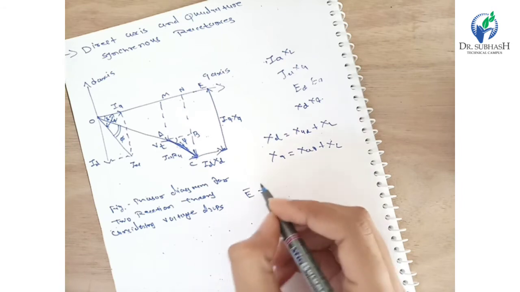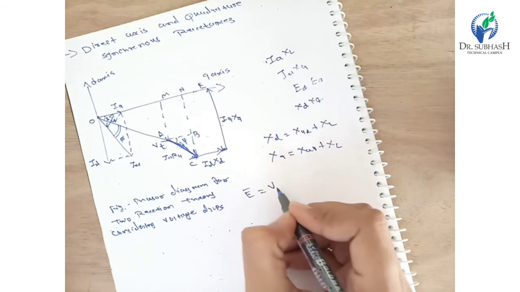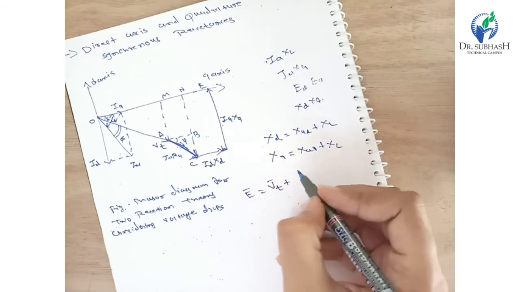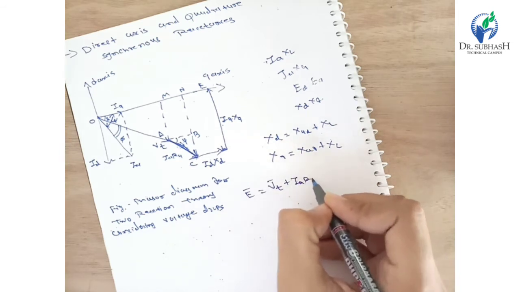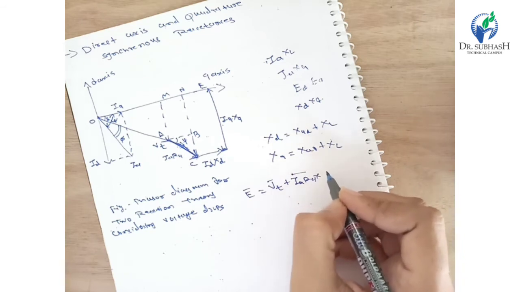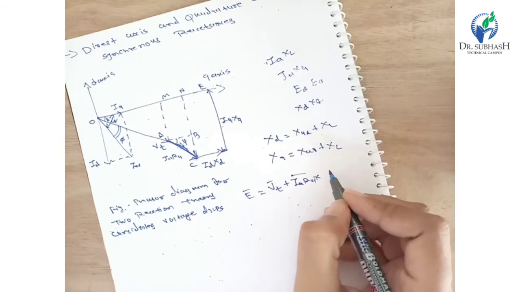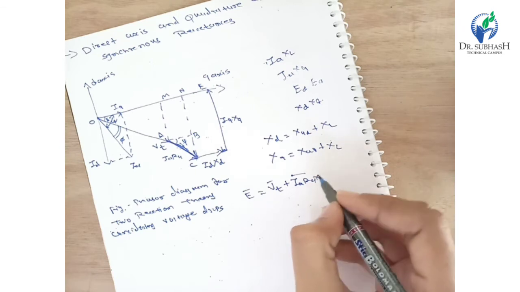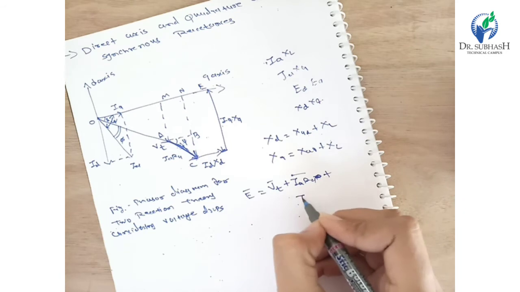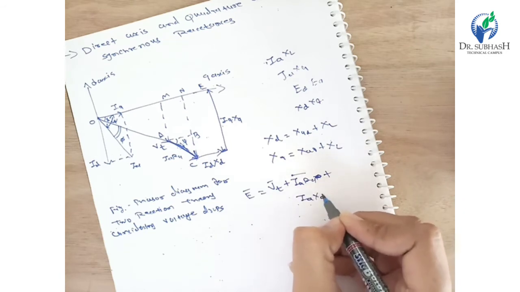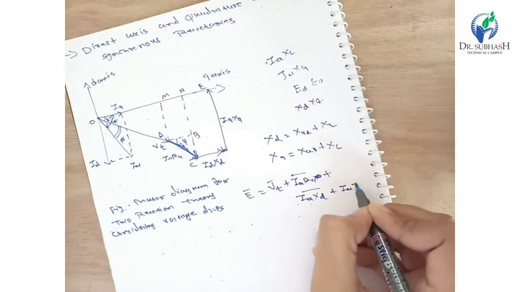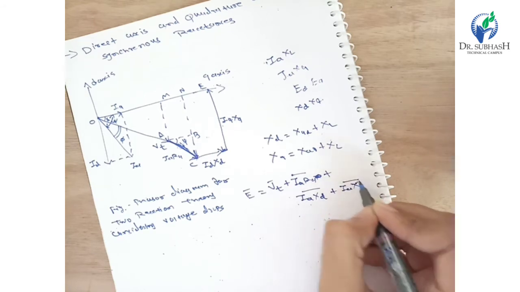So E bar is equal to terminal voltage Vt bar plus armature resistance drop Ia into Ra bar, plus the reactance drops in the D axis and Q axis, that is Ia into Xd bar plus Ia into Xq bar.